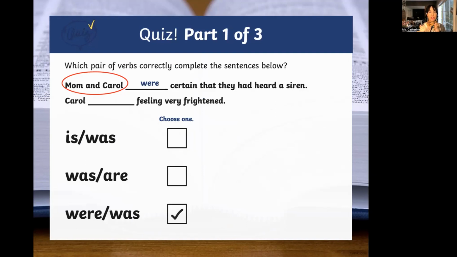Because it has to agree. Were certain that they had heard a siren. So we have Mom and Carol, plural, were. Okay, and so we were talking about a past tense. They had heard a siren. Now, bonus points. Had heard.